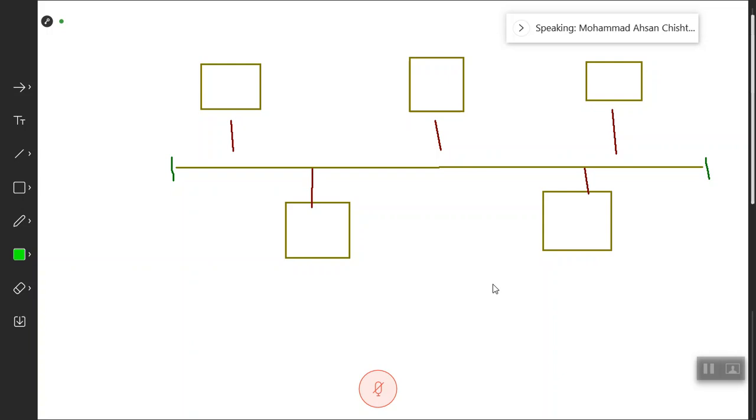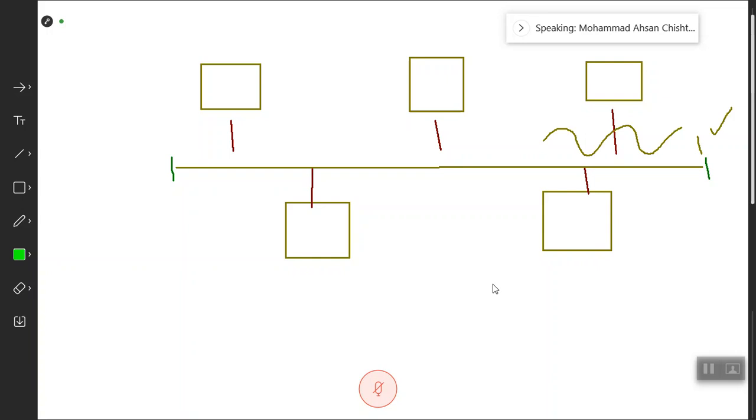So if there is a signal which is passing through the network here, it will ensure that at this point where I have marked a tick, the signal will not bounce back within the cable.